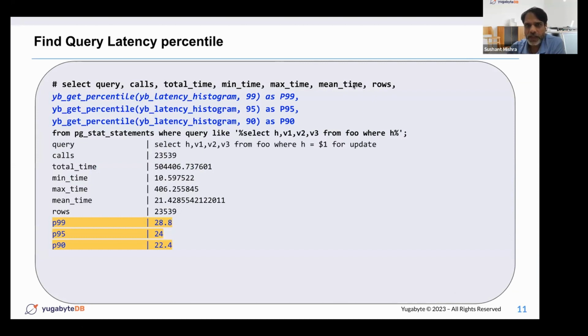This particular query tracks many different execution stats from pg_stat_statements for a specific query which I was executing, and simultaneously calculates the P99, P95, and P90 latency using the YB latency histogram. As you can see, the mean time, which is almost the average time here, is 21.4, and we can see the P99 is 28.8 milliseconds, P95 is 24 milliseconds, and P90 is 22.4.